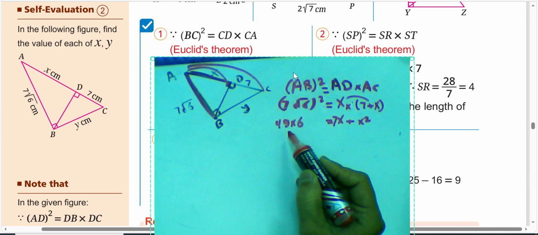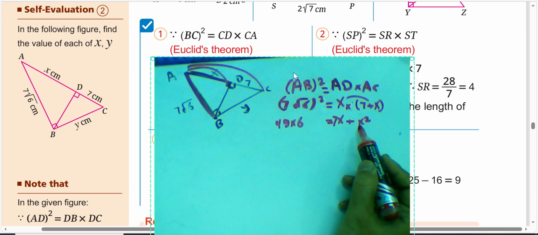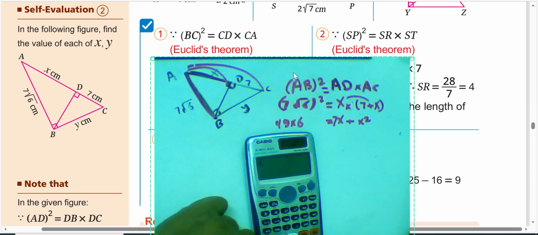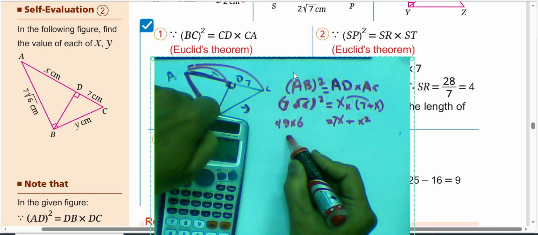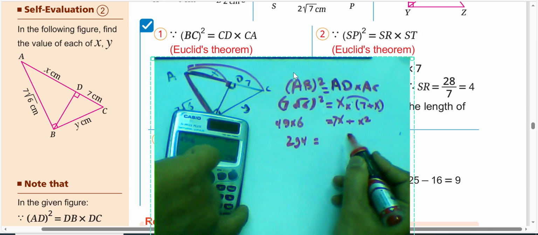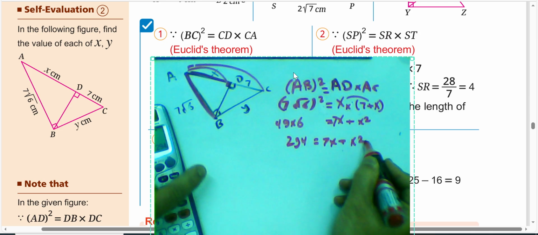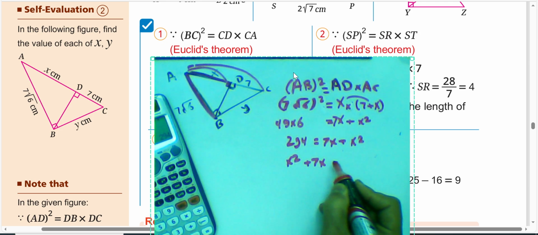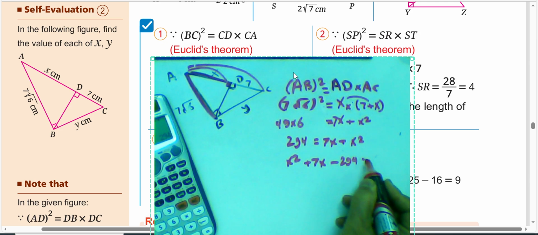Then 49 times 6 equals 7X plus X power 2. You can complete with me. 49 times 6 equals 294, equals 7X plus X power 2. You can solve this equation. Right, X power 2 plus 7X subtract 294 equals 0.